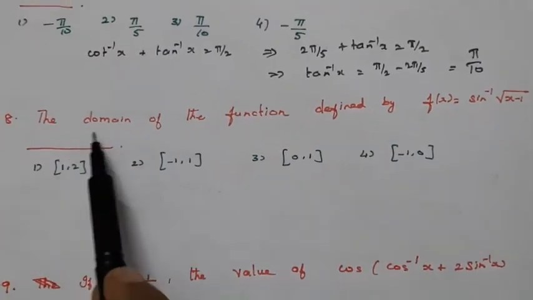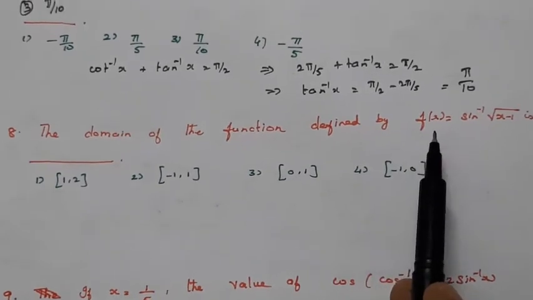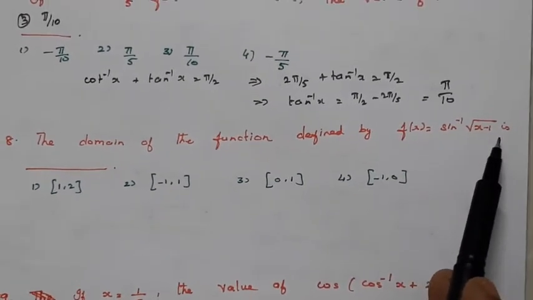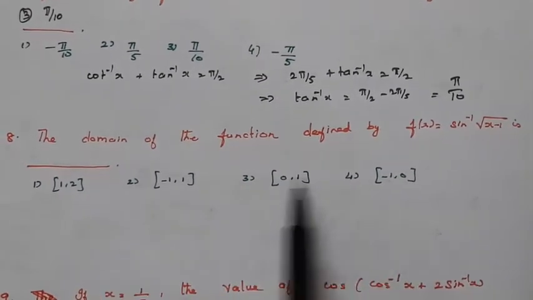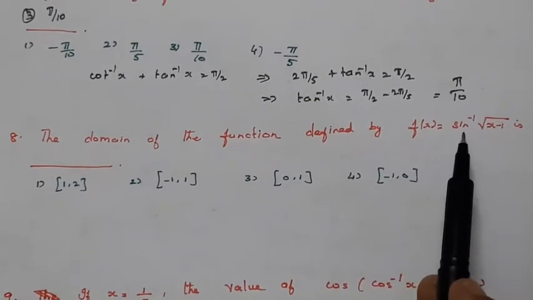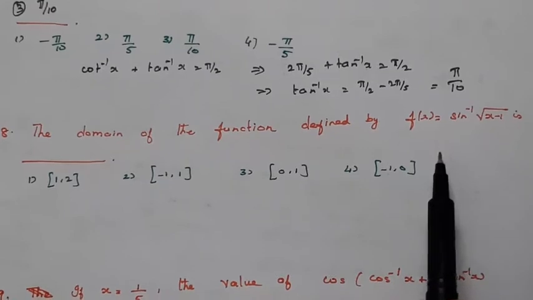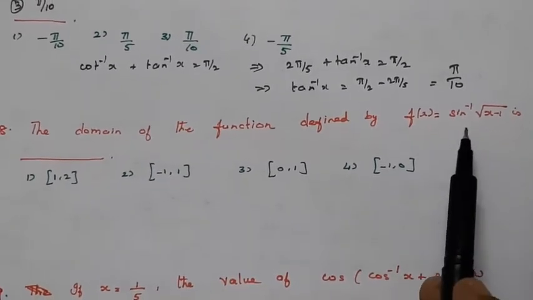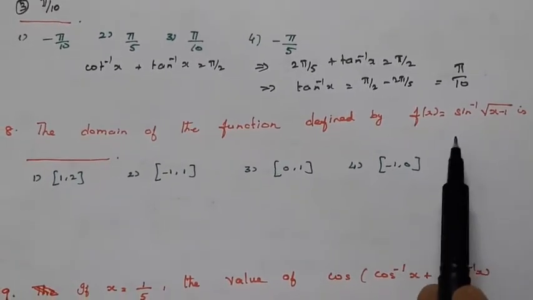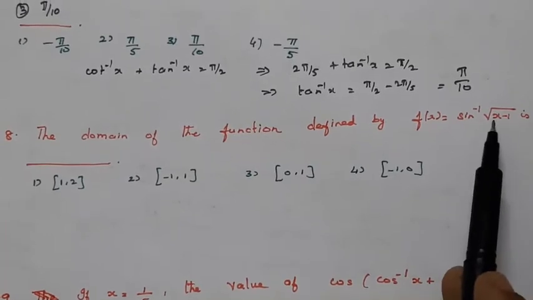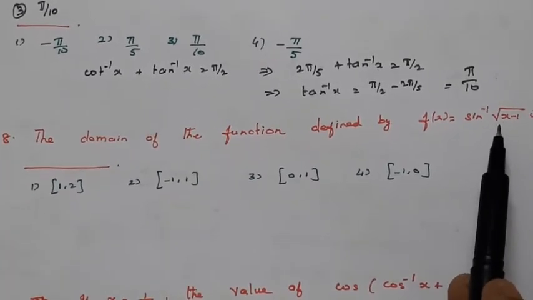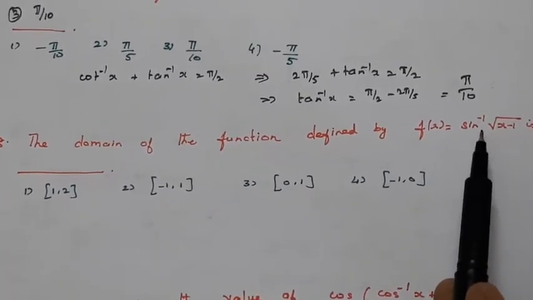Then 8th one: the domain of the function defined by f of x is equal to sin inverse of root of x minus 1 is dash. Usually we take the domain of sin inverse as the closed interval minus 1 to 1. So we take this value between minus 1 and 1, simplify, and find out. But here there is a root in the given function.